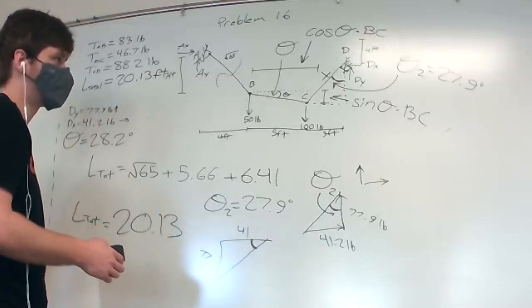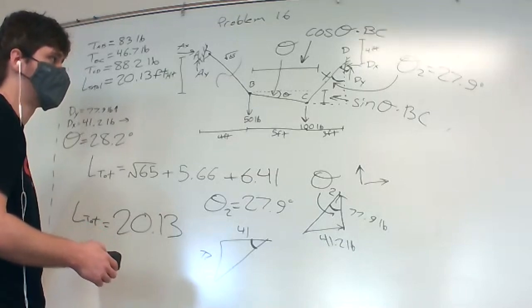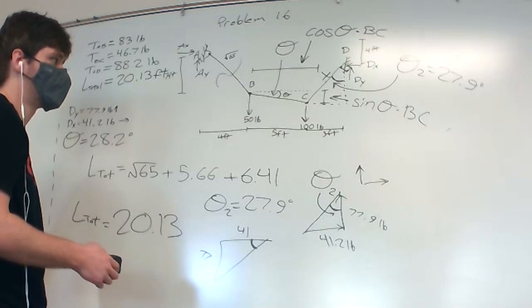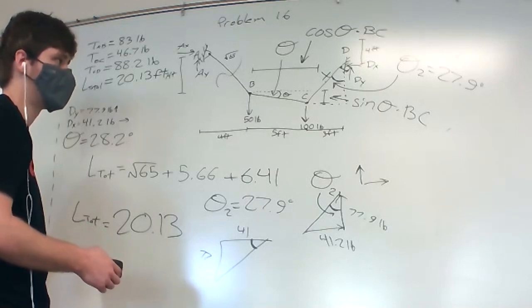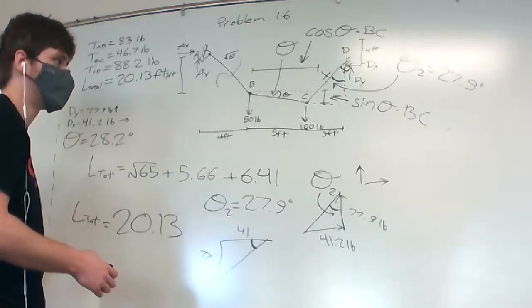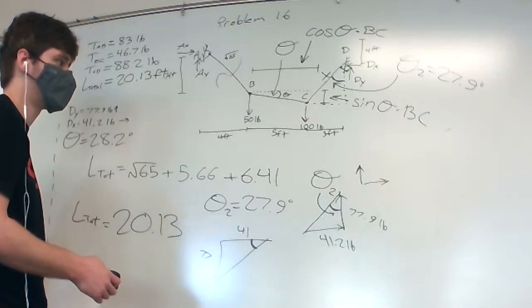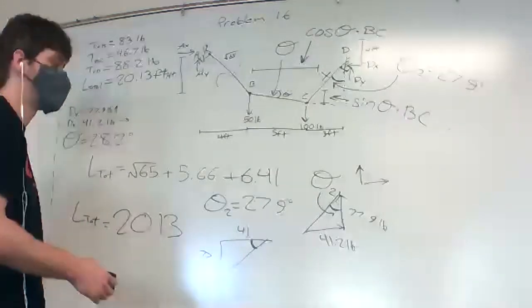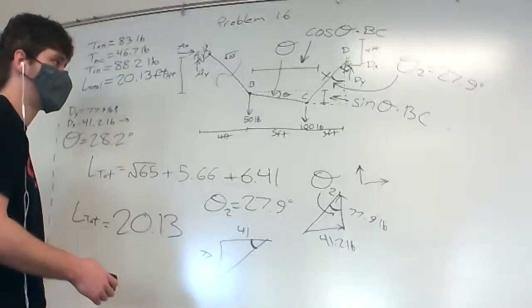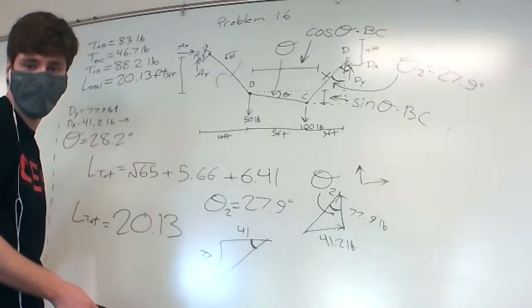Yeah, so we could find the vertical component of BC and add it to the 3 to get the vertical. Then you could do the square root of that squared plus 3 squared, and then you can find DC, right? Yes, you could do that. Okay, thank you.